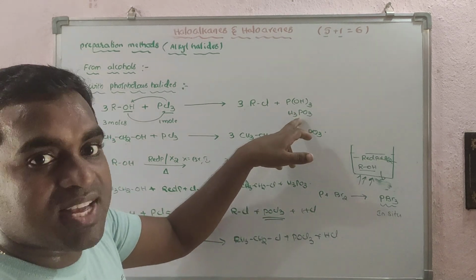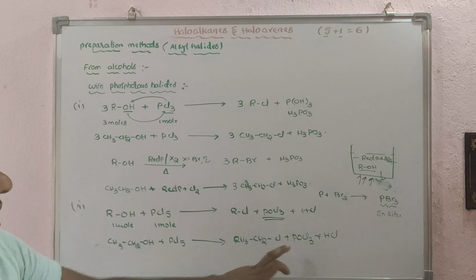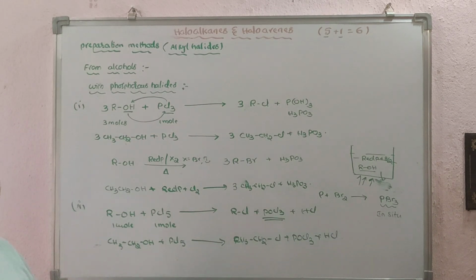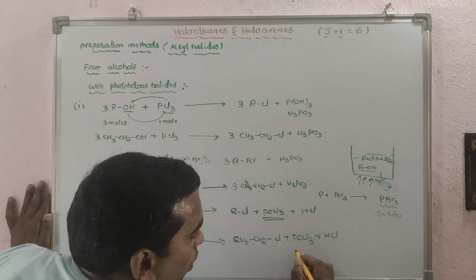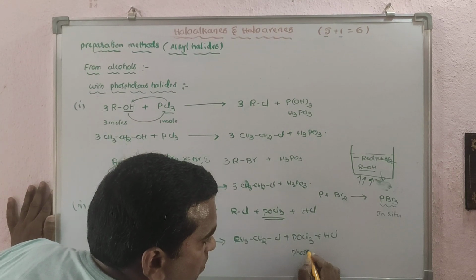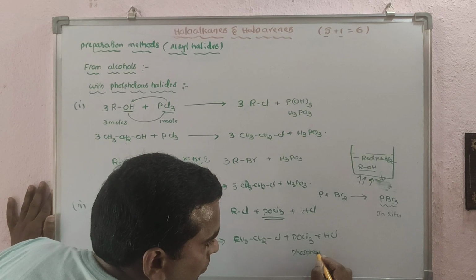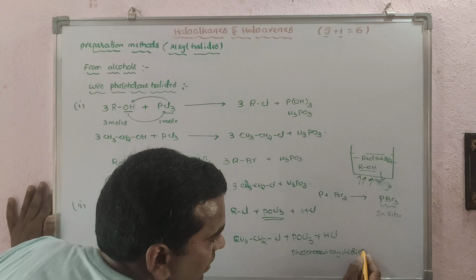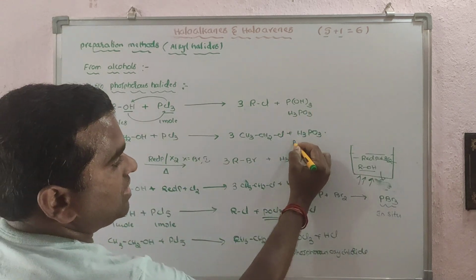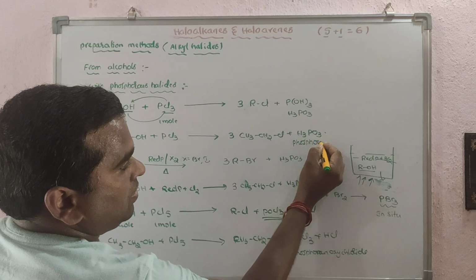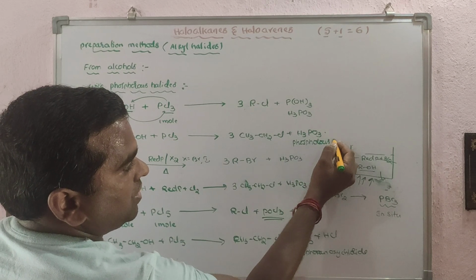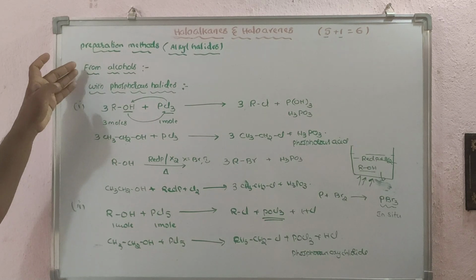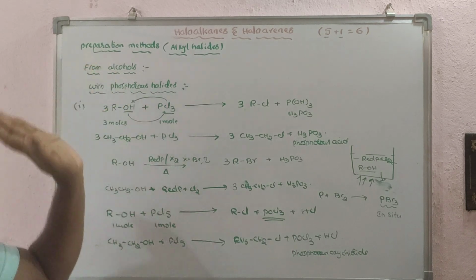Here the byproduct is H3PO3; with PCl5, the byproduct is POCl3, phosphorus oxychloride. H3PO3 is phosphorus acid. So this is the reaction of alcohol with phosphorus halides.